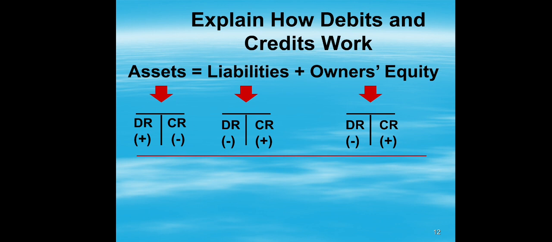If there is a decrease in asset, you have to record in the credit or in the right side of an account. For liabilities, it is the opposite of asset. An increase in a liability, you have to credit. A decrease in liability, you have to debit or record in the left side.